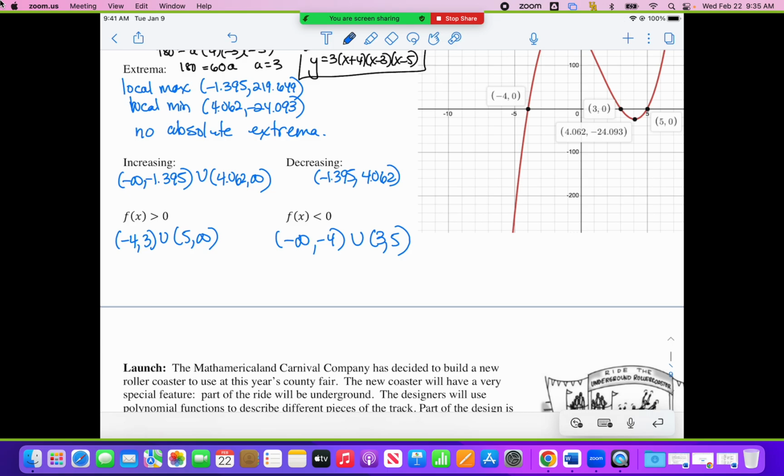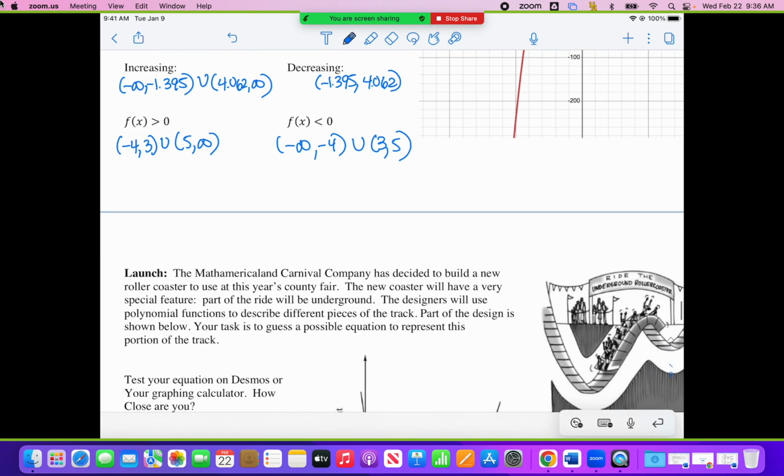All right, what questions can I answer or clarify about increasing, decreasing, where the graph is positive or negative? We use x values to describe those.